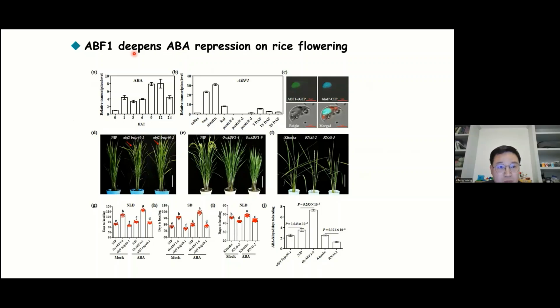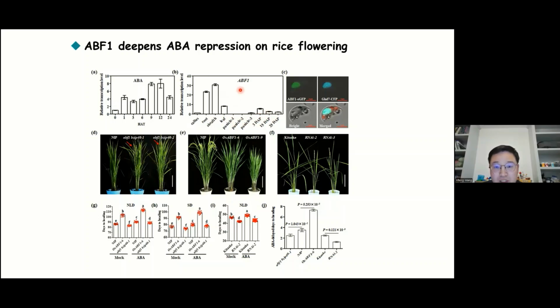In our lab, we previously found that a bZIP type transcription factor, ABF1, was highly induced by ABA treatment, and it is highly expressed in vegetative tissues such as root, shoot, and leaf. However, it is lowly expressed in panicle and developing seeds.